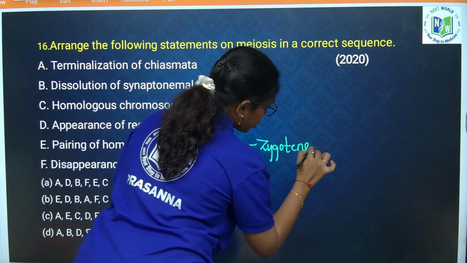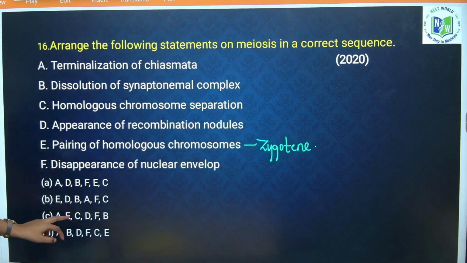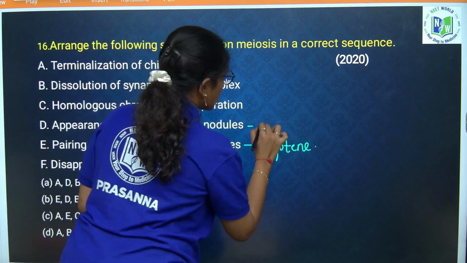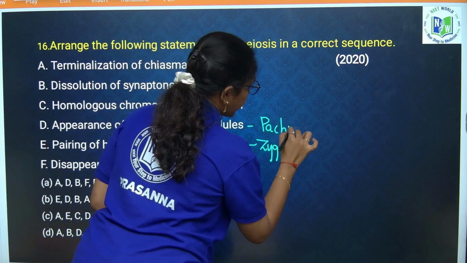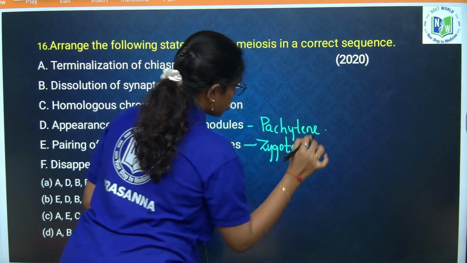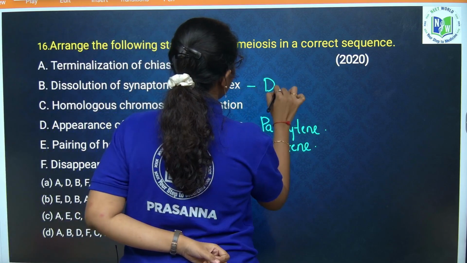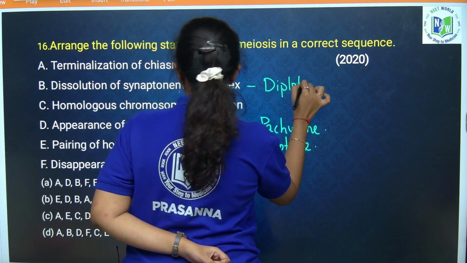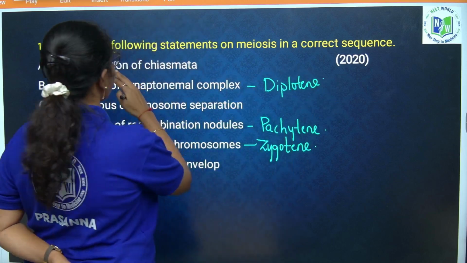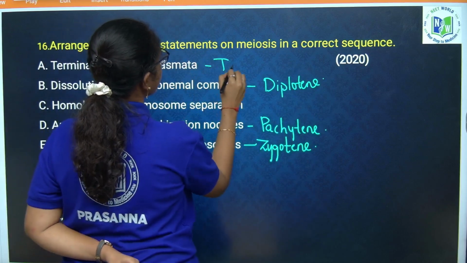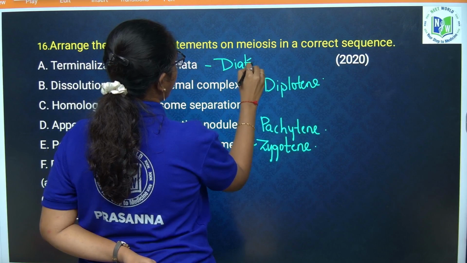Next, the appearance of recombination nodules happens during pachytene. Then, dissolution of synaptonemal complex happens in diplotene. Terminalization of chiasmata, that is the last phase, diakinesis.